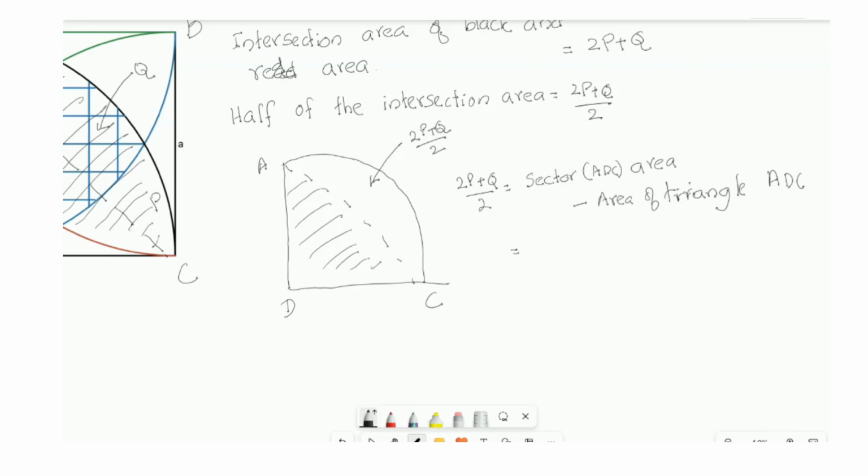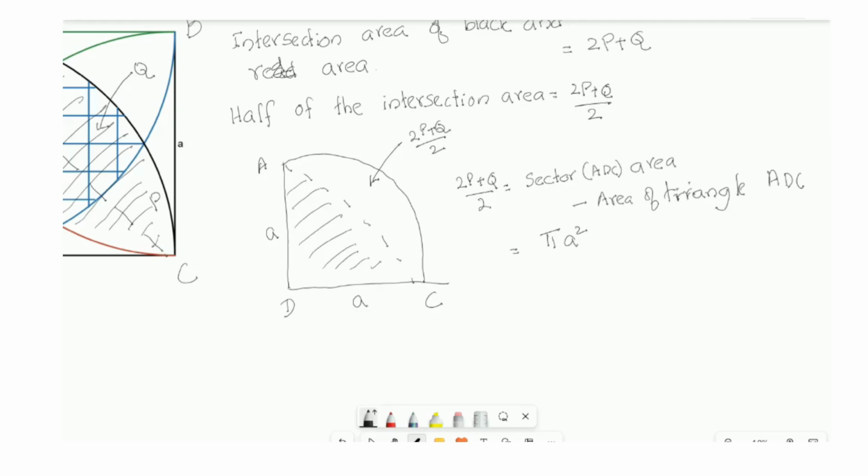So therefore sector ADC area is, we know that the radius is A. Therefore that sector area is pi A square. Pi A square is the whole circle area.